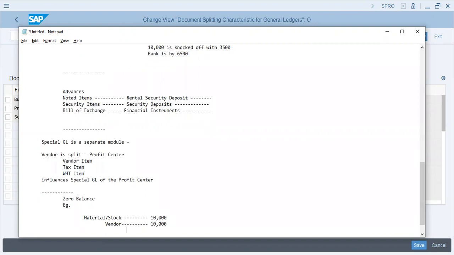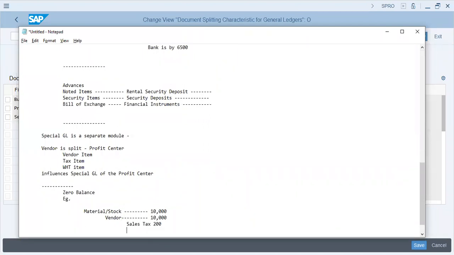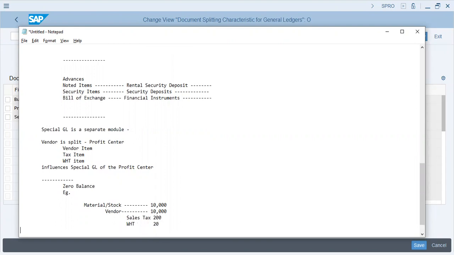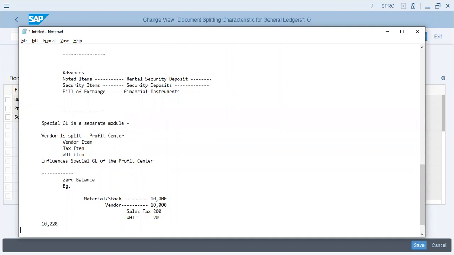Sales tax 200. Withholding tax on same 220. So total outstanding will be 10 to 20, for example.